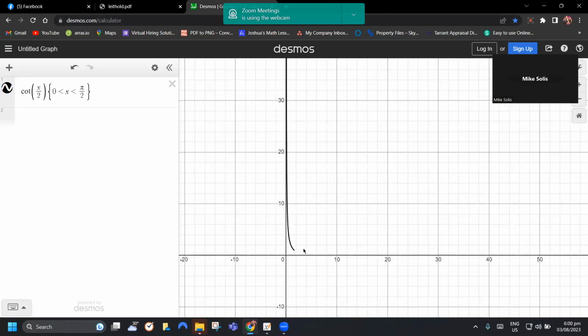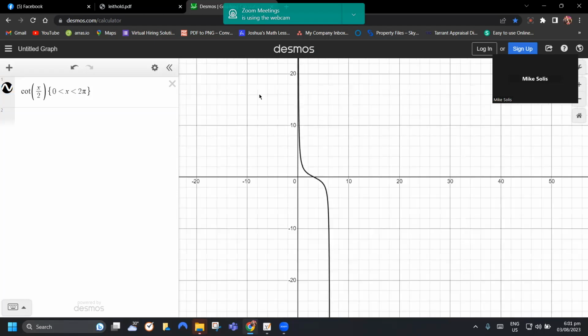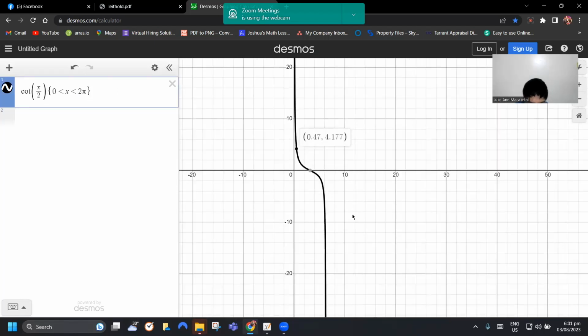Di ba dapat 0 yan? Cotangent of x over 2, no? 0, hindi, 2 pi. Tingnan mo yung restriction. Still 1 to 1 ba? Okay, still 1 to 1.